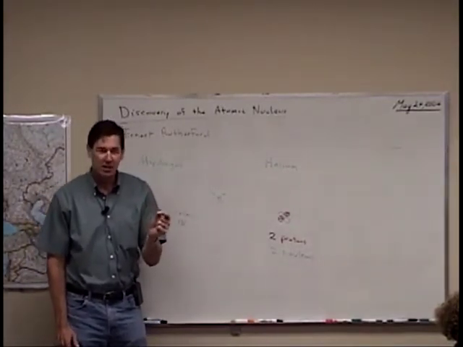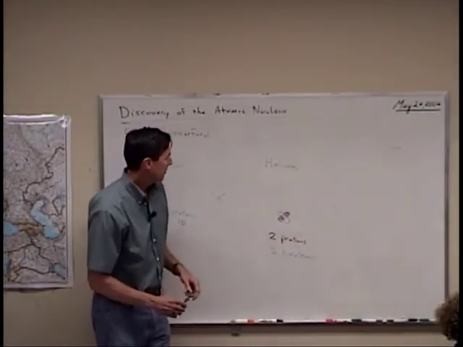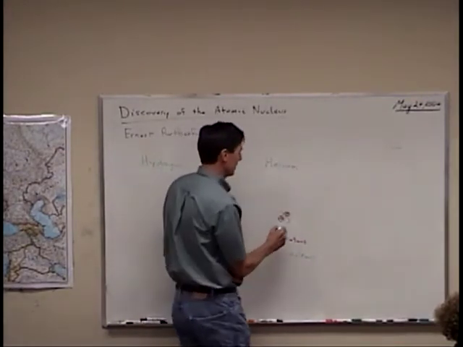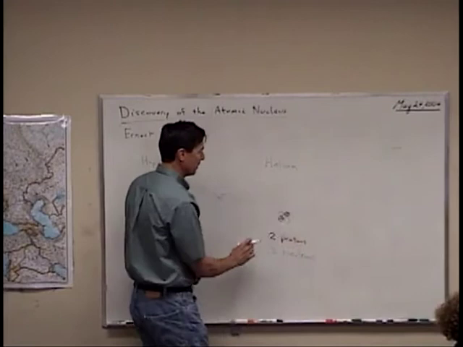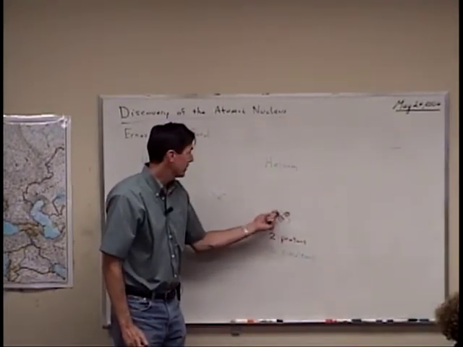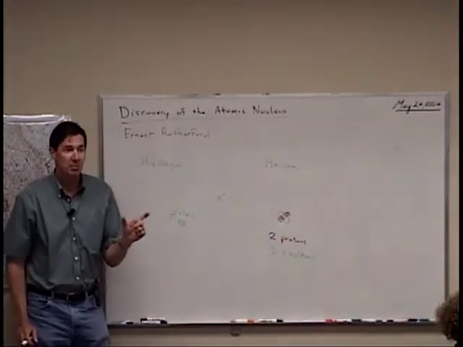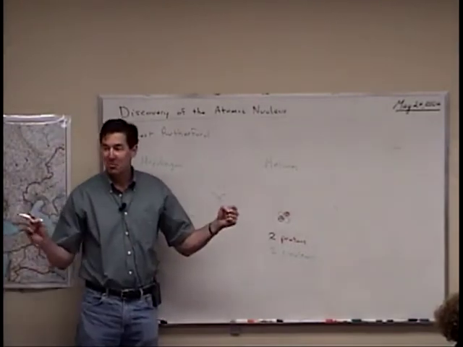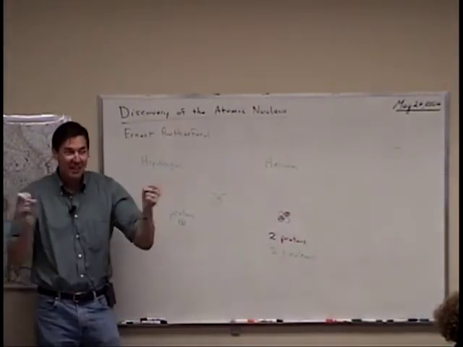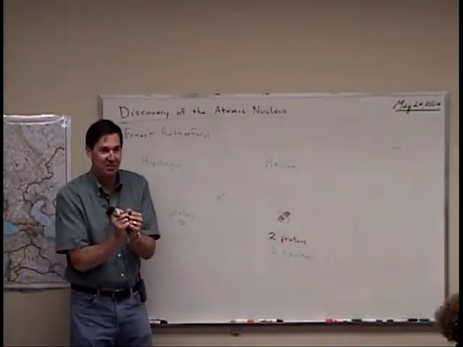It's really strongly attractive over very short distances. But, for example, if you made these two protons 100 times further away from each other than they are in this helium nucleus, then the electrical repulsion between them would be bigger than the nuclear attraction, and they would fly apart. So in order to stay together, they have to be really close to each other.